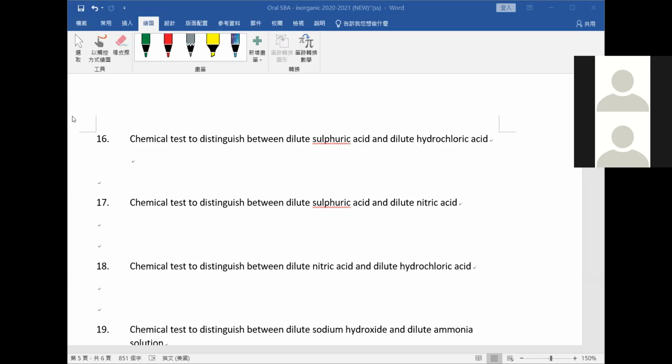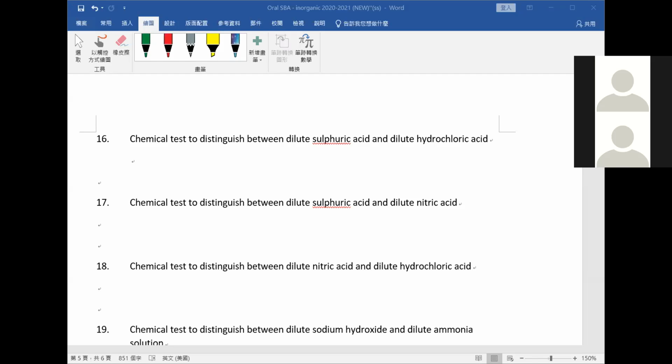Tell me the difference in observation. Because barium sulfate is insoluble in water, it will show a white precipitate. Barium chloride is soluble, so there is no observable change. No PPT for hydrochloric acid. Okay. You look for observable change in terms of white PPT. So this one will have white PPT.